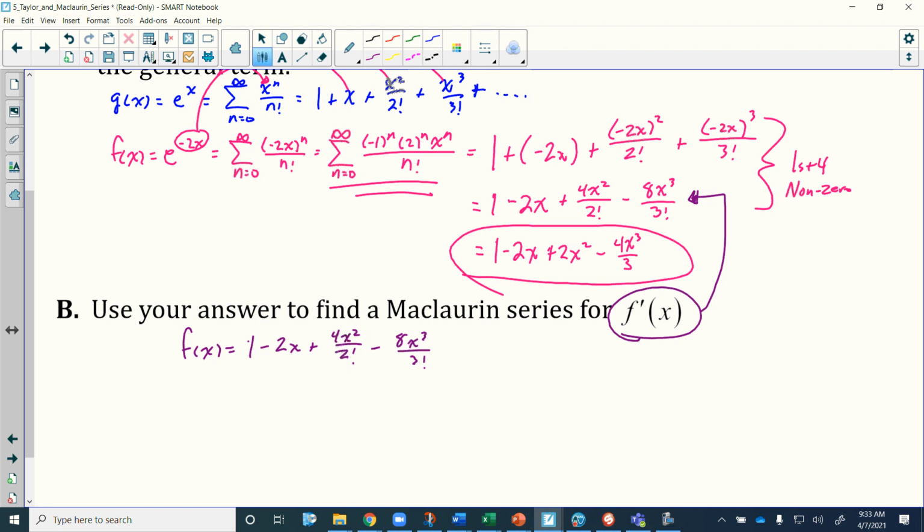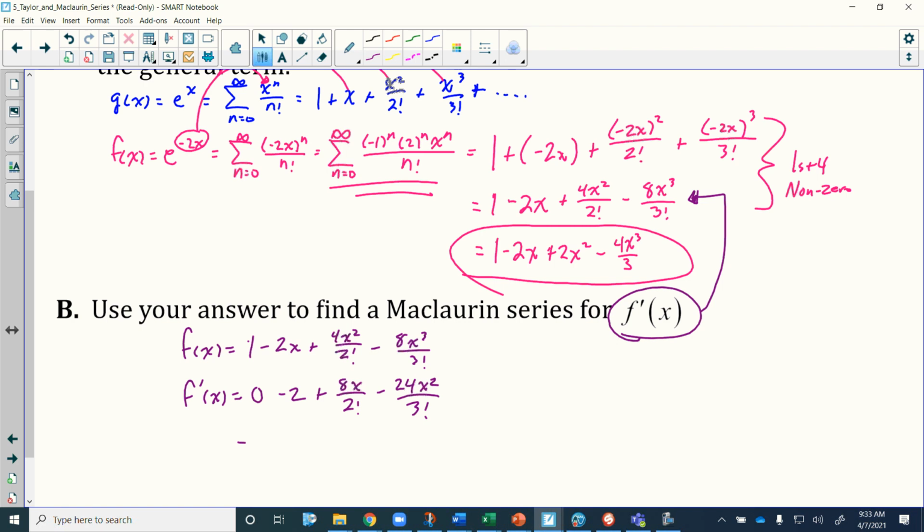So now if I want to find the derivative here, we can do that. F prime of x, in this case, will give me a 0 here, minus a 2 here, plus 8x over 2 factorial here, and then minus 24x squared over 3 factorial. And now we can simplify this a little bit more.